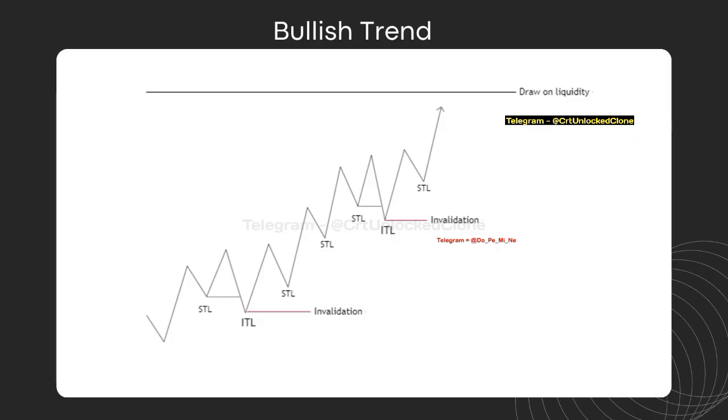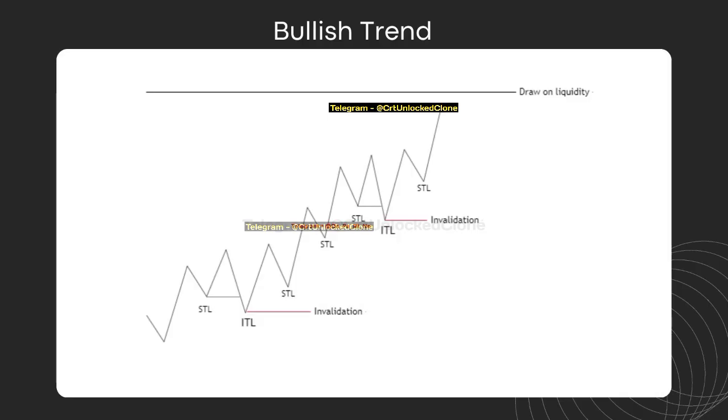And right here you can see that this protected low which formed after the rejection below this low and this bullish trend, right? And now we've got two short-term lows to its opposite sides, and that is why we consider this particular low as an intermediate term low. And this is the exact low, right, that could be used for two main purposes.